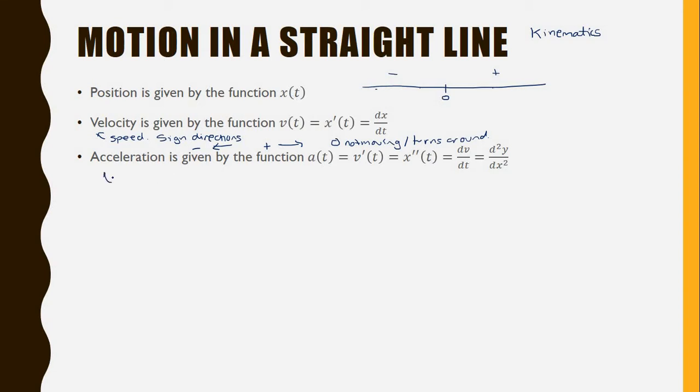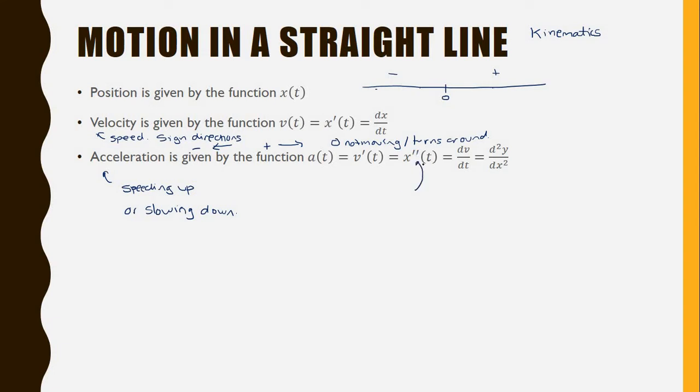Acceleration is to do with whether our particle is speeding up or slowing down, and the sign helps us to determine that. To get acceleration, we differentiate velocity. So we can write acceleration as a of t, or v dash t, because we differentiate velocity, or we could write it as x with 2 dashes, t, x double dash t.